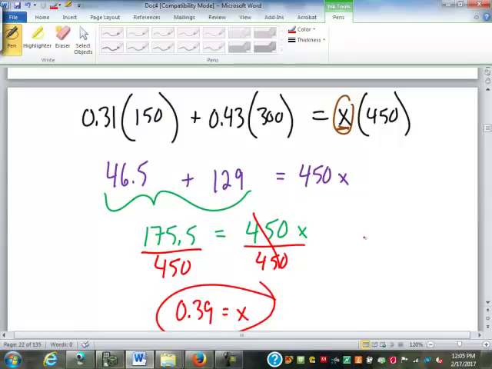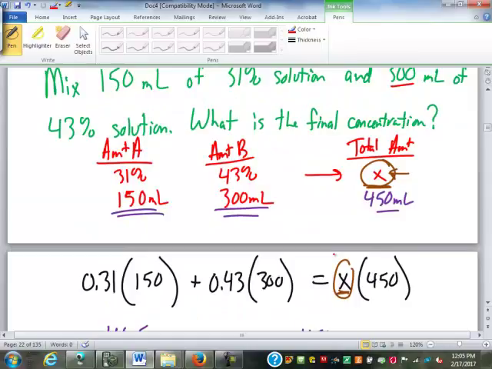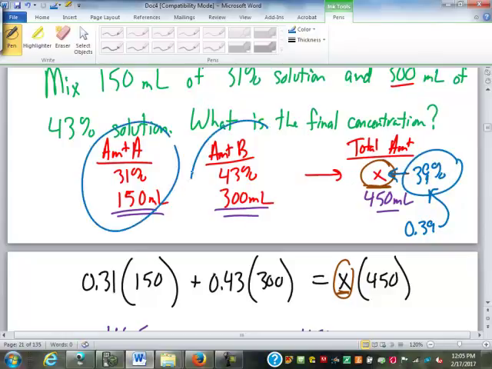So x equals 0.39. Remember we mentioned that this isn't really 0.39, it's 0.39 converted to a percent, which will be 39%. So our final solution after mixing these two becomes a 39% solution.